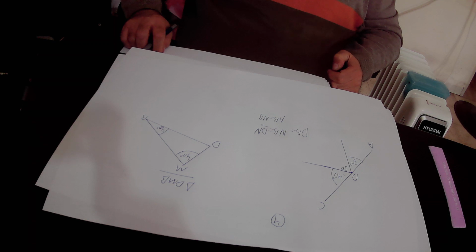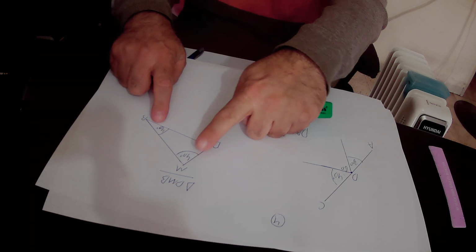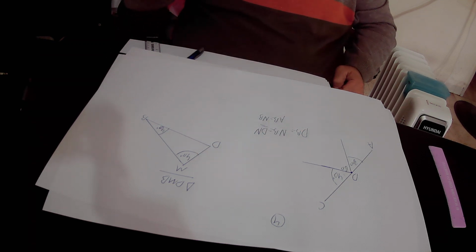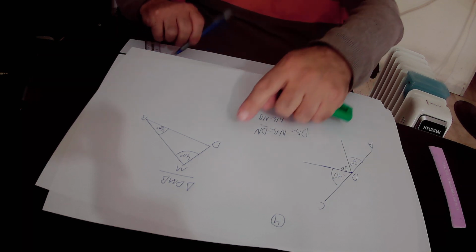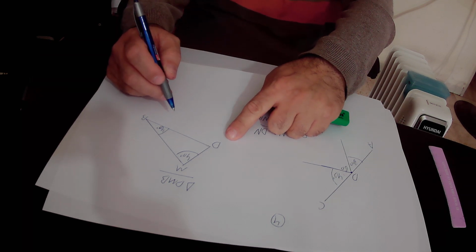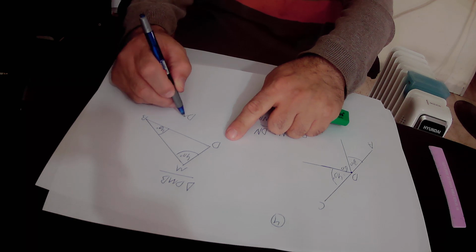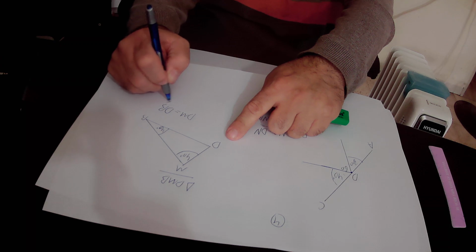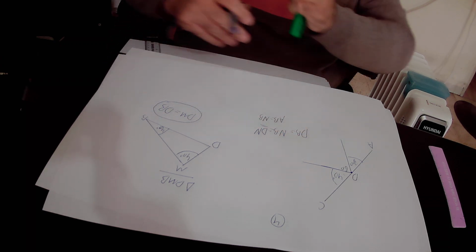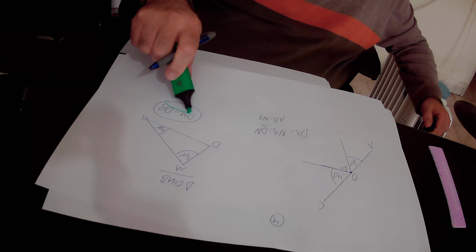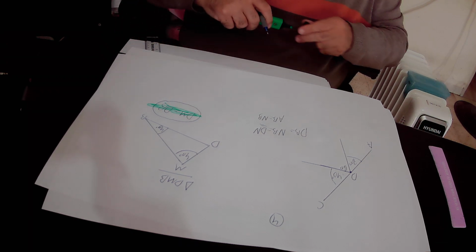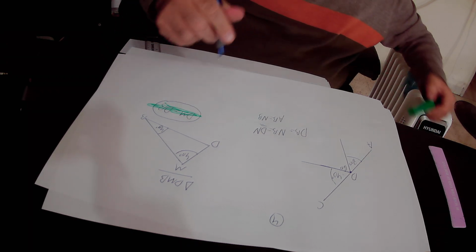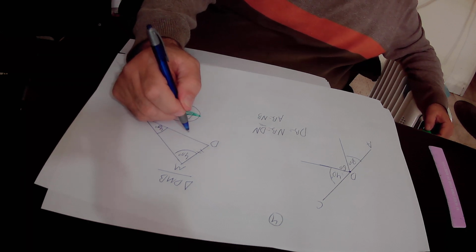And we have the rule that those two angles are equal to each other. And we have the rule that in front of equal angles in the triangle there are equal sides. So DM must be equal to DB.